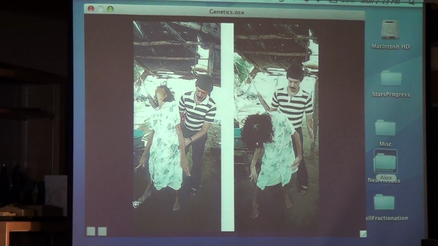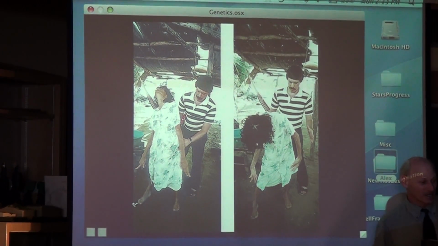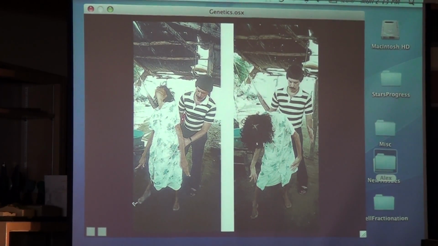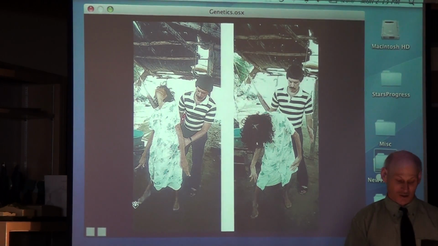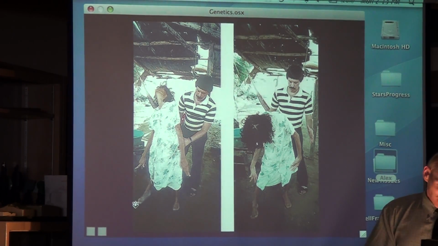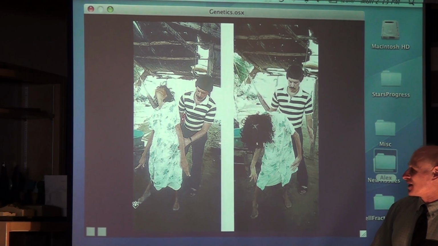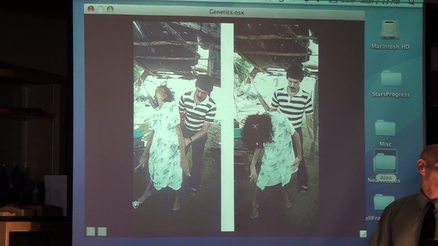The protein has a new function, but that new function is not something that benefits us. A good example of that is Huntington's disease. Huntington's disease, which is, as I said, one of these dominant genetic disorders, causes a degeneration of the nervous system.